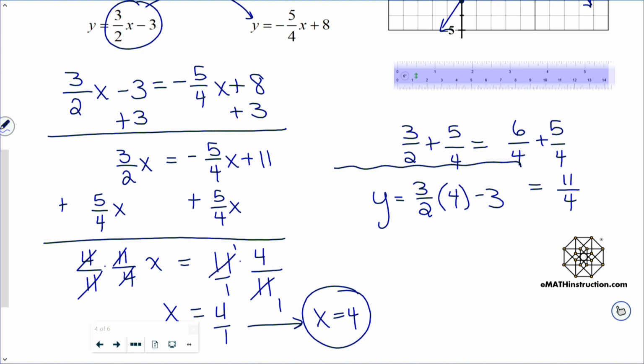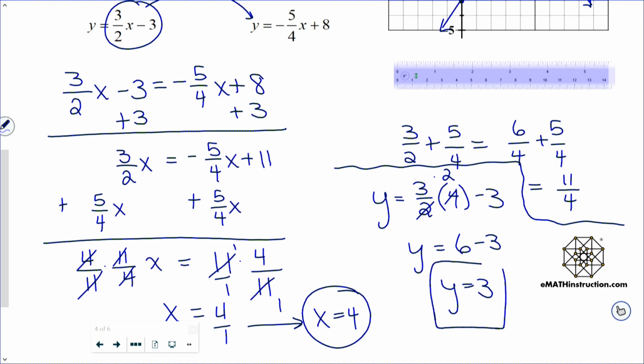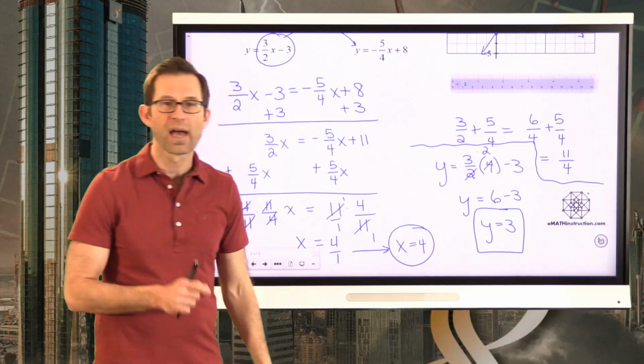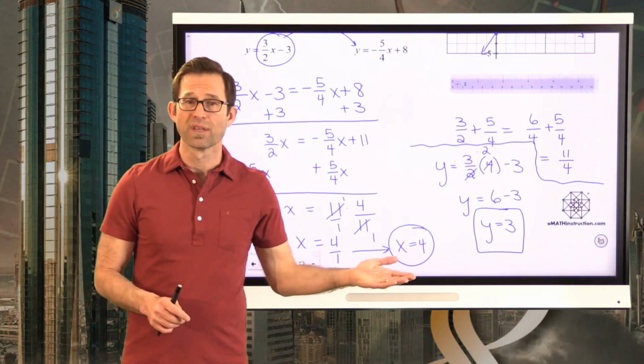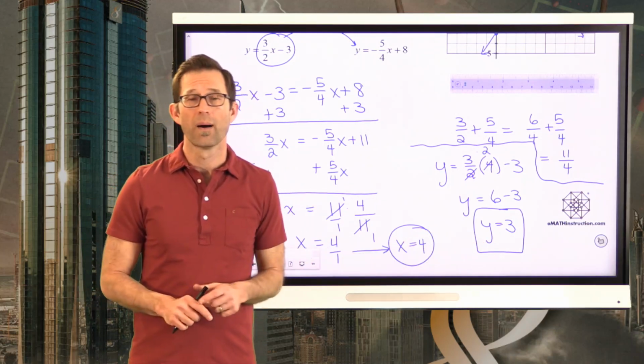Let me put a little dividing line in there. The 2 goes into 4 two times. So now we'll have y equals 3 times 2, which is 6, minus 3, and y equals 3. And that's exactly what we found up above. The solution algebraically was the intersection point 4, 3.